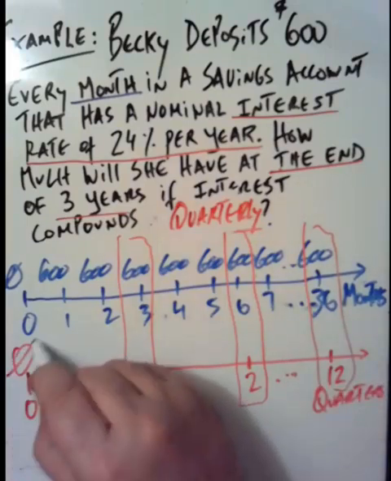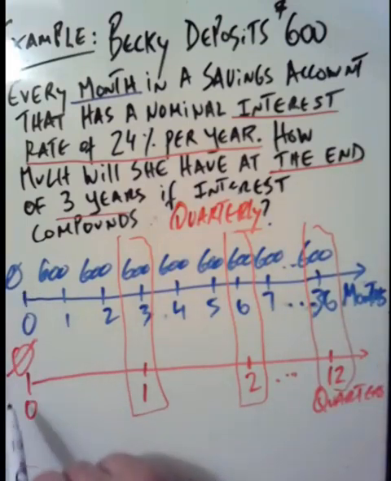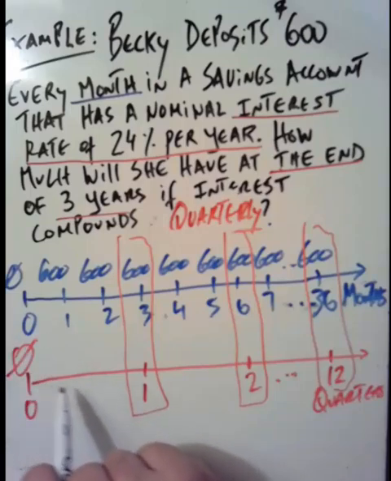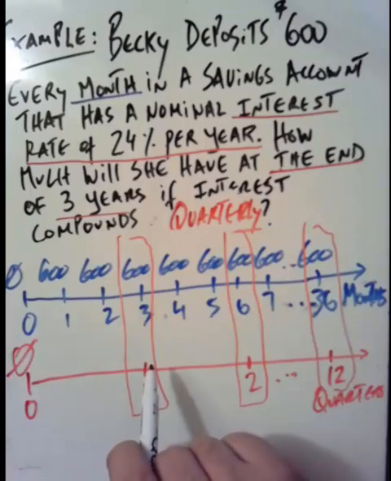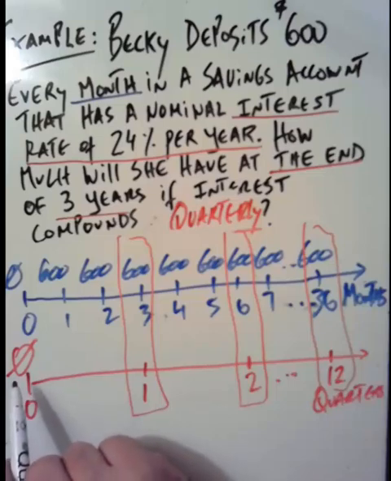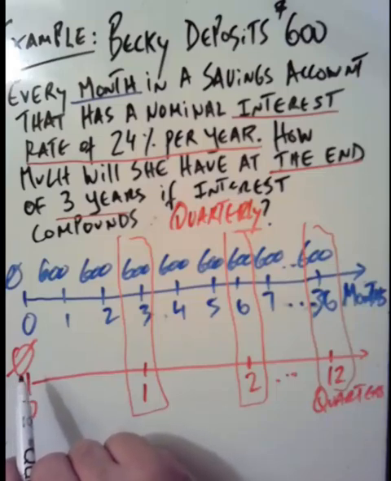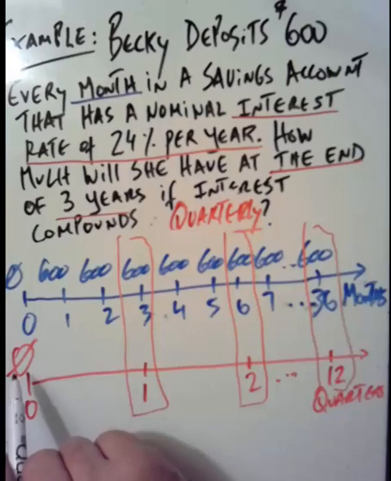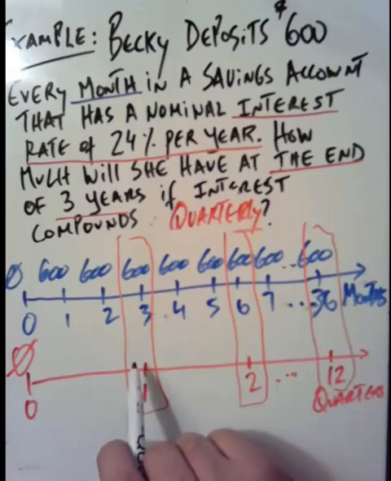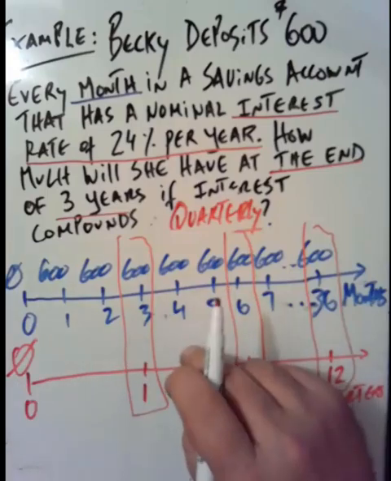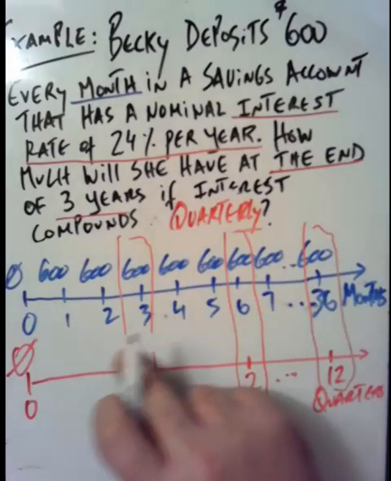Now, at the beginning of the quarter, there's nothing there. So this first quarter, Becky earns no interest at all, because the money that is going to earn interest is how much is there at the beginning of the quarter. When the first quarter ends, she has how much? She has $1,800 there.